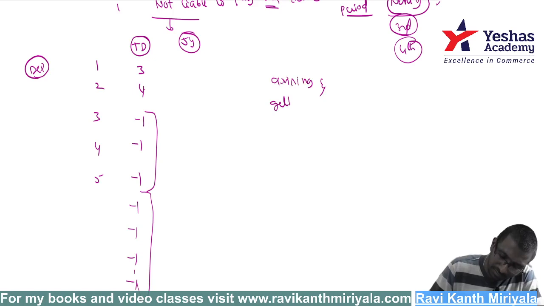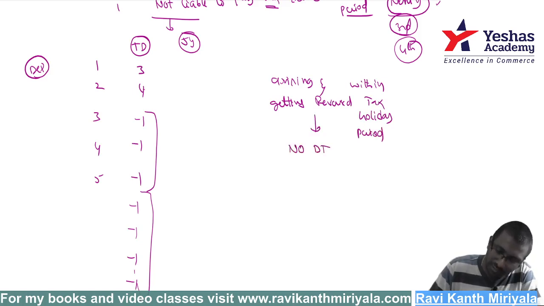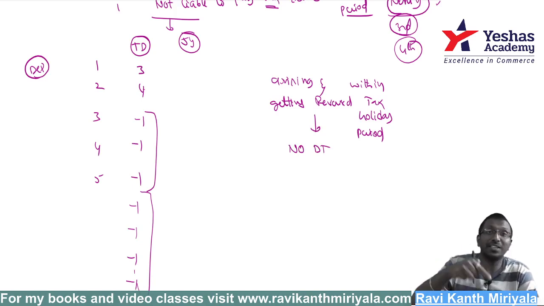Arising and getting reversed within the tax holiday period, no deferred tax. Don't create any deferred tax. But the opposite, arising in the tax holiday period but getting reversed subsequently after the tax holiday period, you have to create deferred tax as usual.